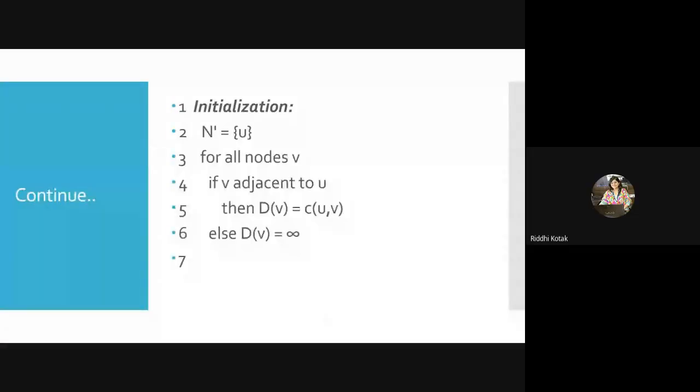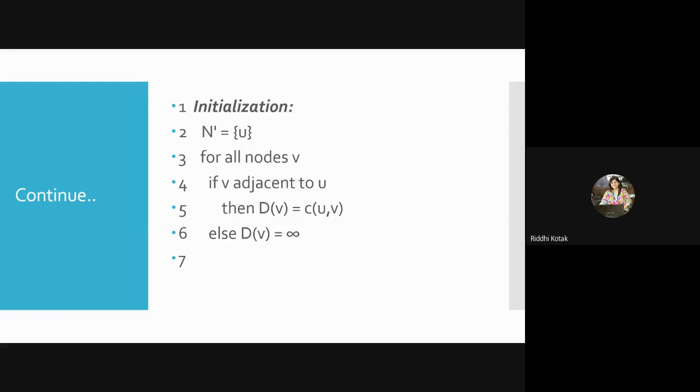First, we discussed the graph, then types of graph, and a few algorithm steps. What we discussed previously is that from the given graph, identify the set of nodes N, capital N, and the set of edges. That is the first step.